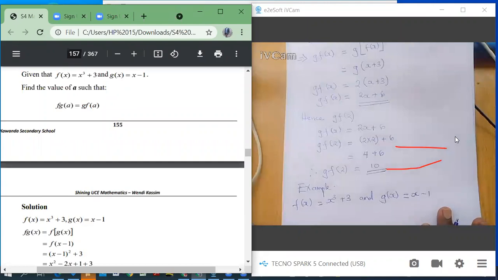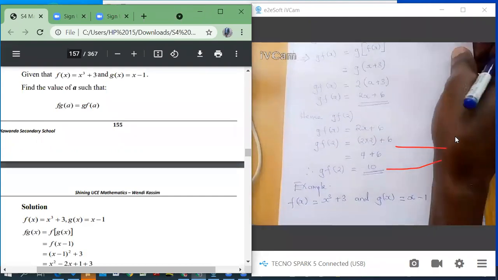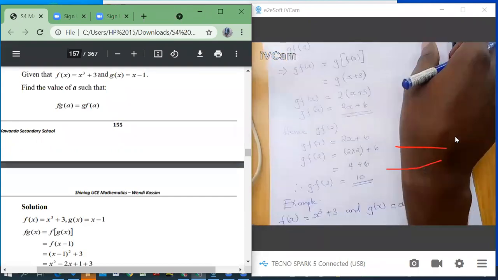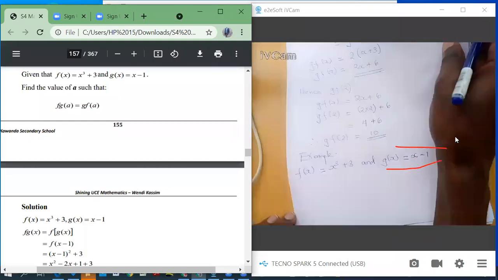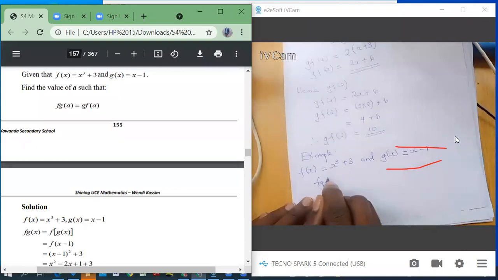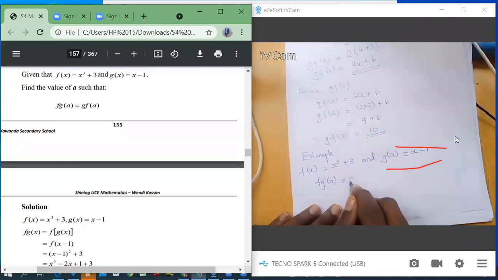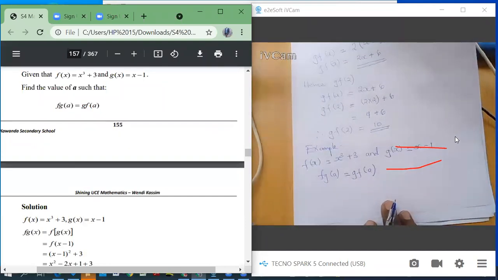We said matrix AB is not the same as matrix BA. So it's the same thing applied here. But to arrive at this point, you have to set a condition. Now they want us to find the value of a such that f g of a is equal to g f of a.